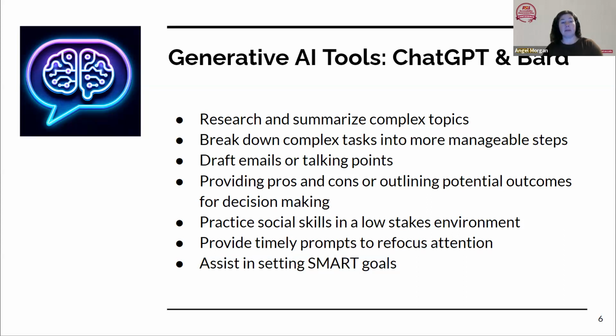Timely prompts from the platforms can actually help students refocus their attention on tasks at hand, and they can also assist in setting SMART goals, which are specific, measurable, achievable, relevant, and time bound. So overall, these generative AI tools can serve as a comprehensive support tool tailored to different needs of diverse learners.